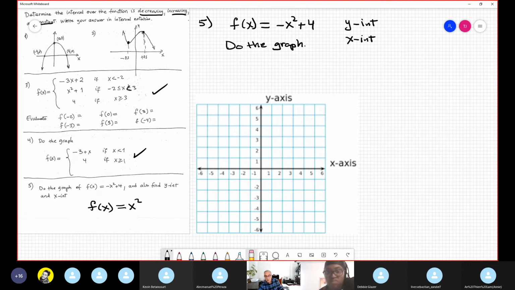This is the basic, quickly, roughly sketched: the x squared parabola. Now this first transformation is minus x squared. It's a reflection. Plus 4 is a vertical shift of 4 units up. So after the last transformation it is minus x squared plus 4.